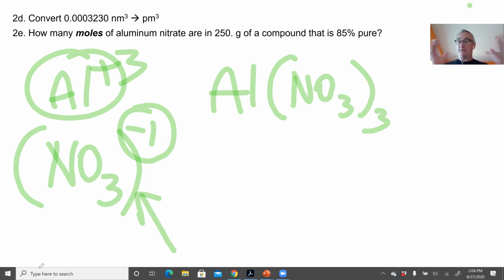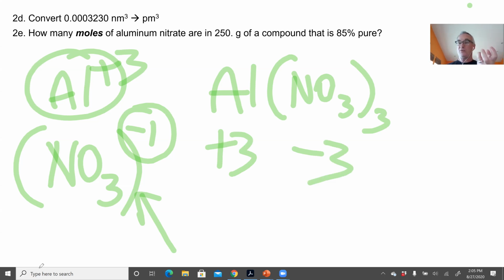Yeah, because we'll learn that the charges have to balance. Just like atoms, compounds have to have no charge. So atoms don't have a charge, ions do, and compounds don't have a charge, ions do. So the charges of the ions in a compound have to balance. And so if we have +3 here, we got to have -3 here, so that the whole thing balances out.